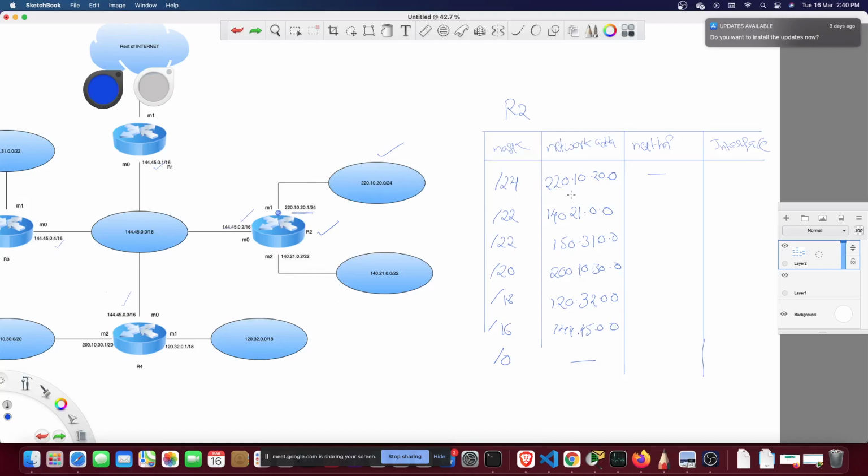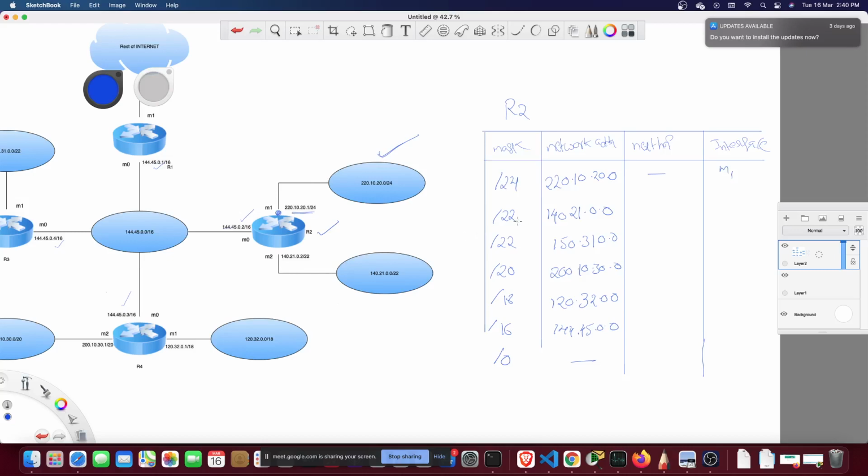Here, the router finds that this is a network address and the destination is also connected to the same network, so it doesn't need to send to another router. The router converts the destination IP belonging to this network to an Ethernet address using ARP, and then directly delivers to the destination. But the interface, what is the interface here? M1.